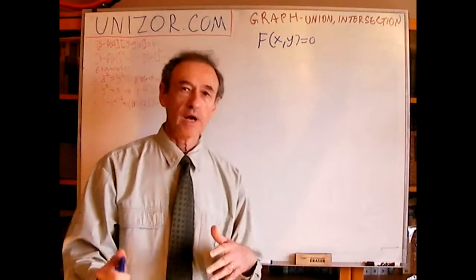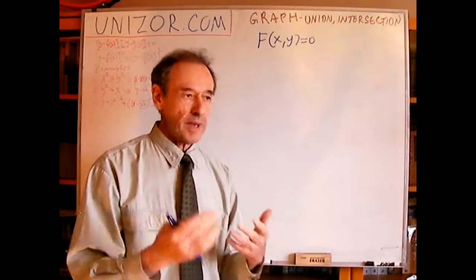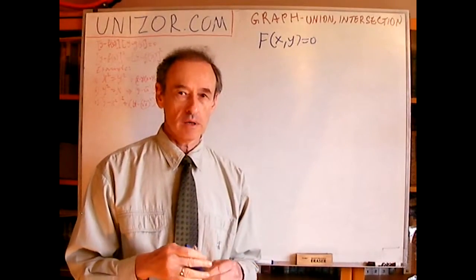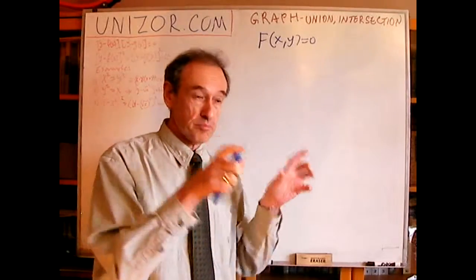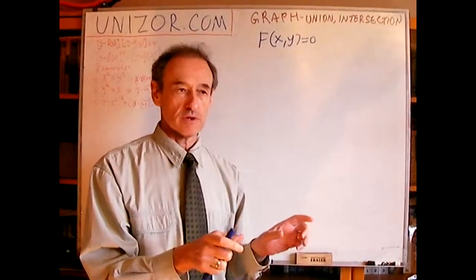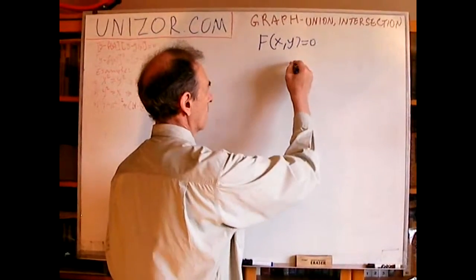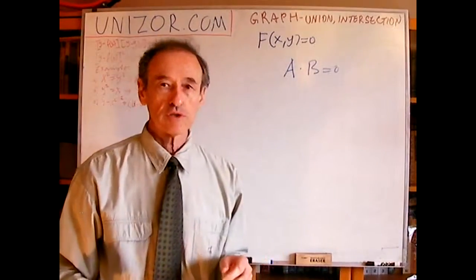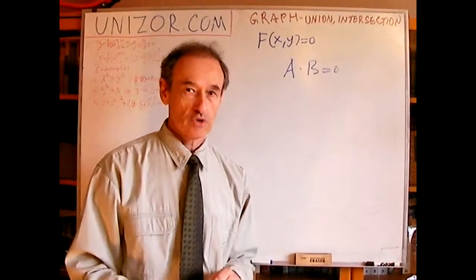Okay, union we have covered. Now let's talk about intersection. Basically, we are using the same trick. We will find an algebraic equation which is equal to 0 if both parts are equal to 0. Whenever we multiply and equate to 0, then either this or that should be equal to 0.